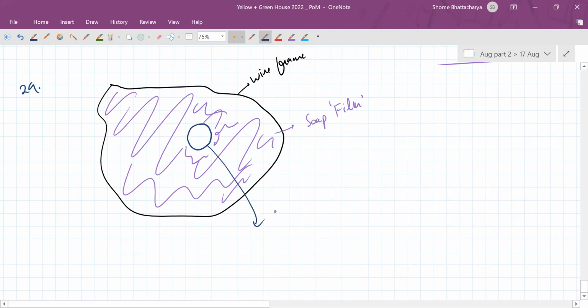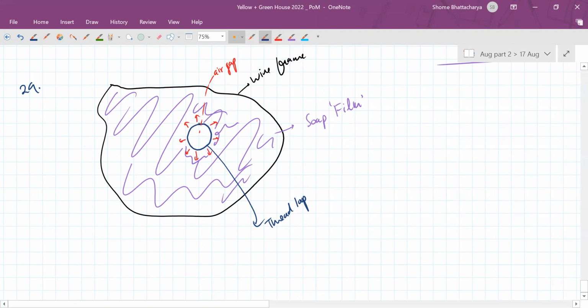So this thread loop, this part inside it is an air gap, whereas it is surrounded on other sides by the soap film. So the soap film will be applying force due to surface tension like this, and that force will generate tension.